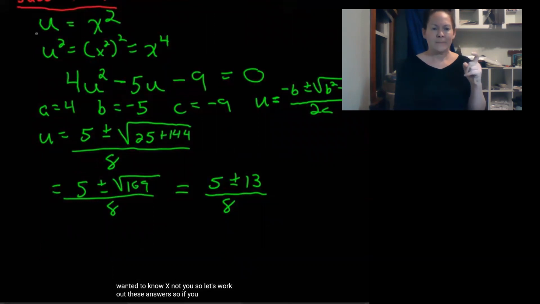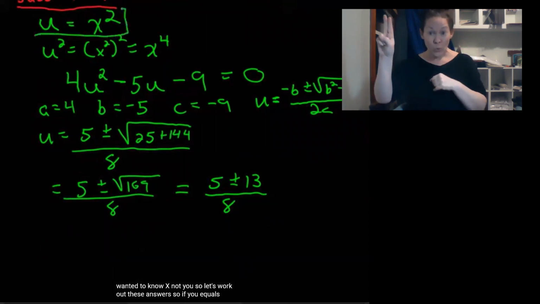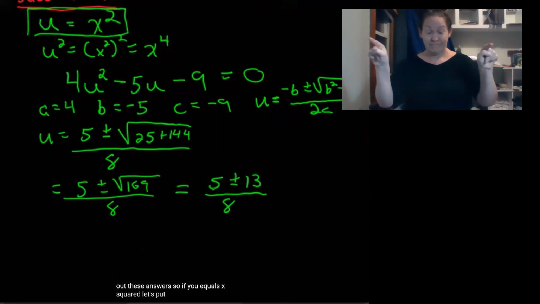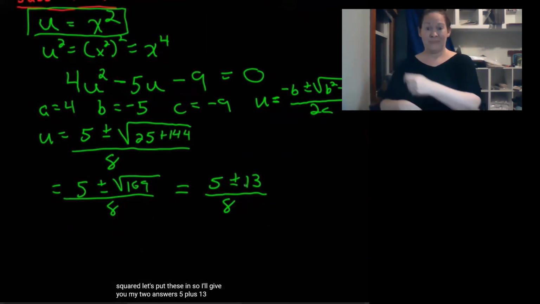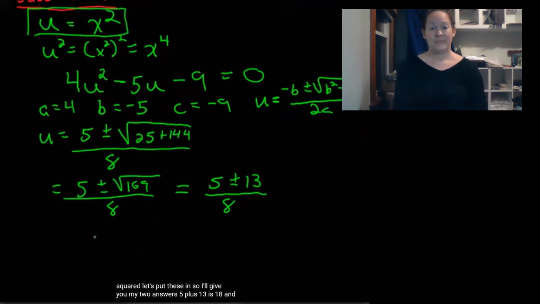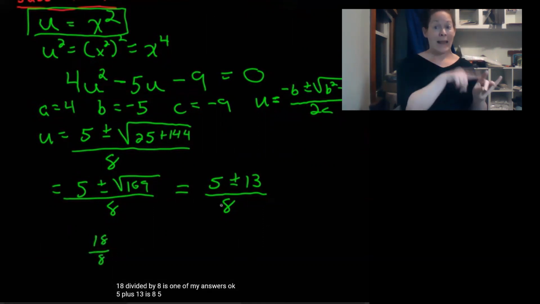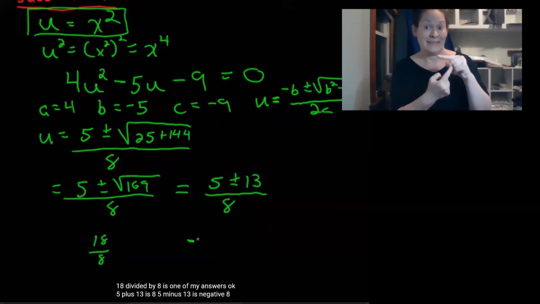So if u equals x squared, let's put these in. So I'll give my two answers. 5 plus 13 is 18, and 18 divided by 8 is one of my answers, right? 5 minus 13 is negative 8.